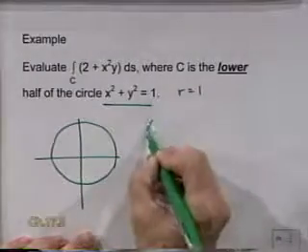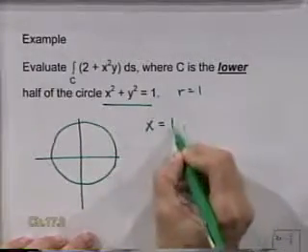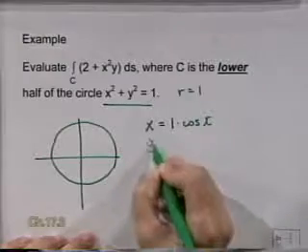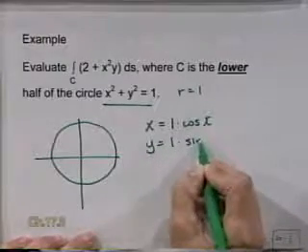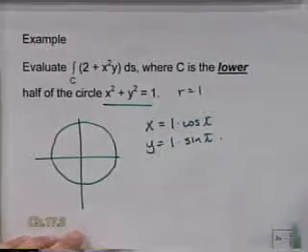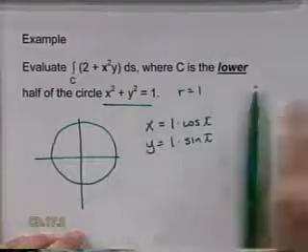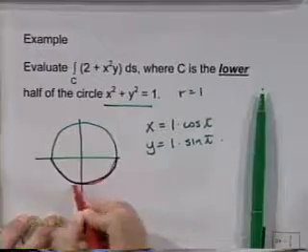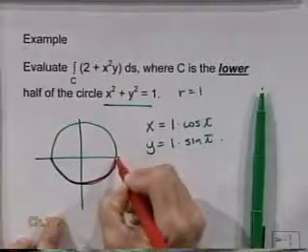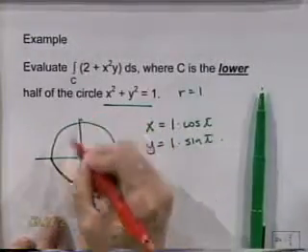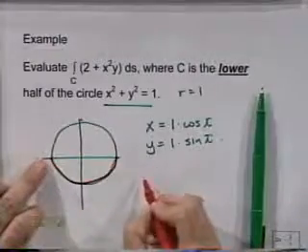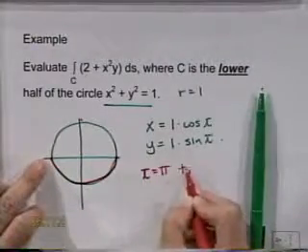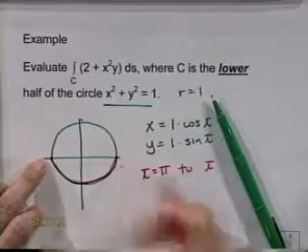So my parametric representation would be x equals 1 times cosine t, y equals 1 times sine t. But what does t need to range from? Well, they're talking about the lower half of the circle. So if this is t equals 0, this is t equals pi over 2, this is t equals pi, my t is going to range from pi to t equals 2 pi.